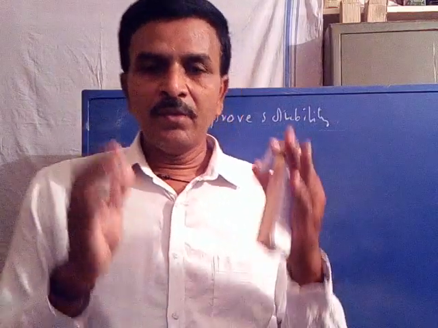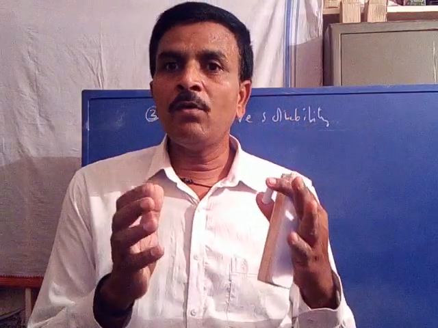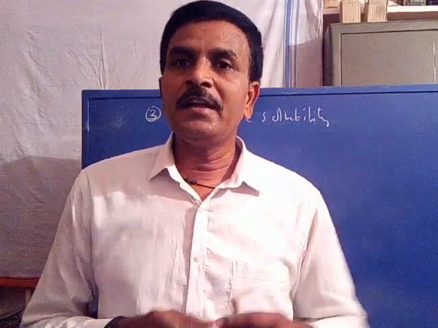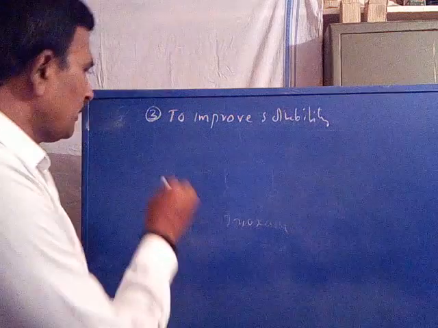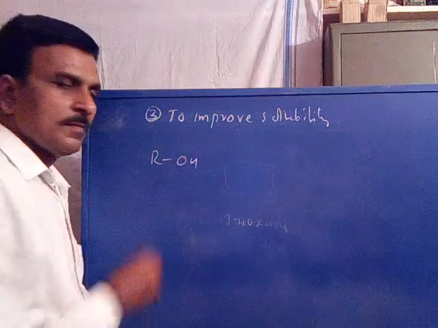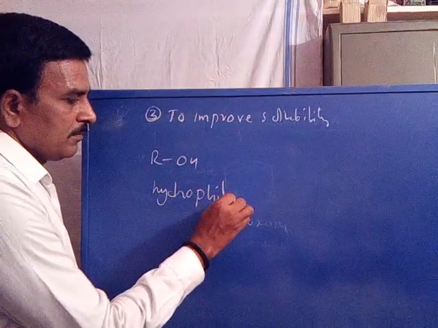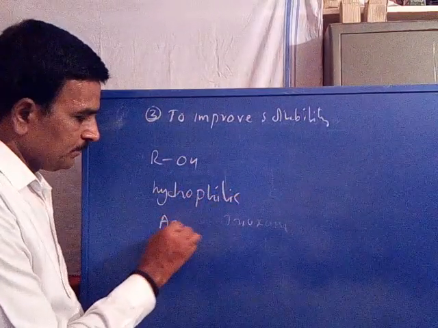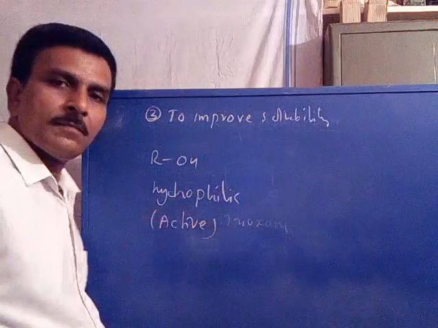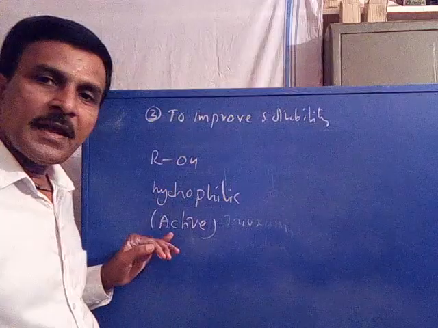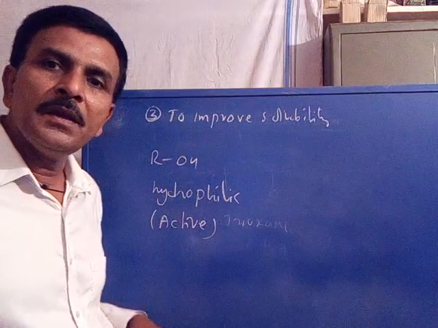For example, we have a hydrophilic active drug, an active form of a drug with hydrophilic nature. It is insoluble in lipid. Example, you take ROH, say a hydrophilic drug. In the active form, it is insoluble in lipid.